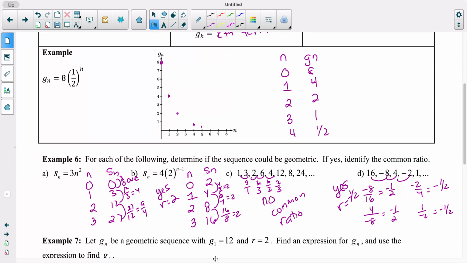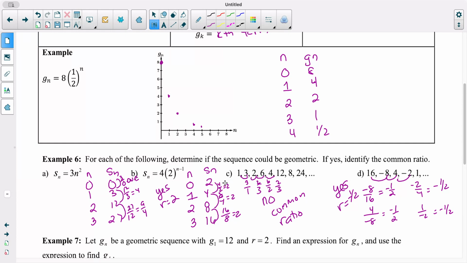There is another way that you can do it, as far as looking at your differences. If you do one difference and it's the same, then it's going to be arithmetic. If you keep taking the differences and you just keep getting the same pattern over and over again, like if I were to take the differences in these numbers, that would be 2, that would be 4, that would be 8. So notice it follows that same pattern that was already there, 2, 4, 8.